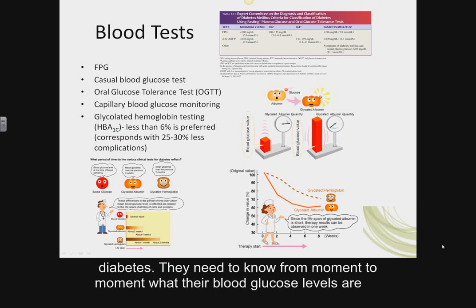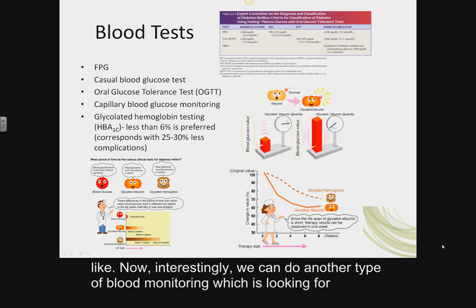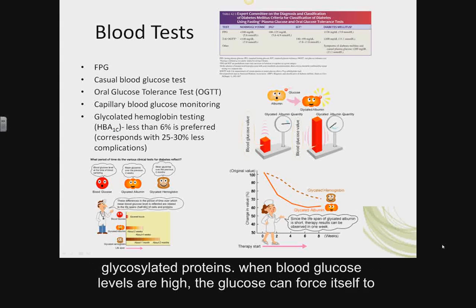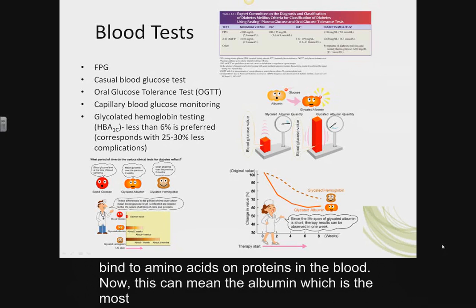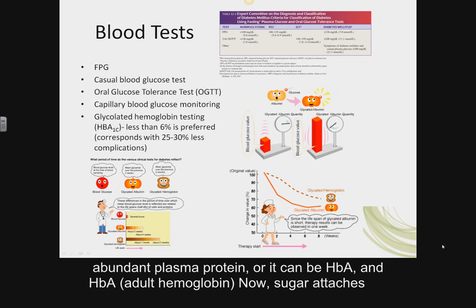Now, interestingly, we can do another type of blood monitoring, which is looking for glycosylated proteins. When blood glucose levels are high, the glucose can force itself to bind to amino acids on proteins in the blood. Now, this can mean the albumin, which is the most abundant plasma protein, or it can mean hemoglobin A, that is, adult hemoglobin.